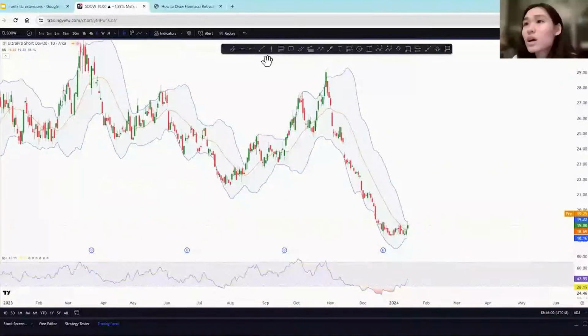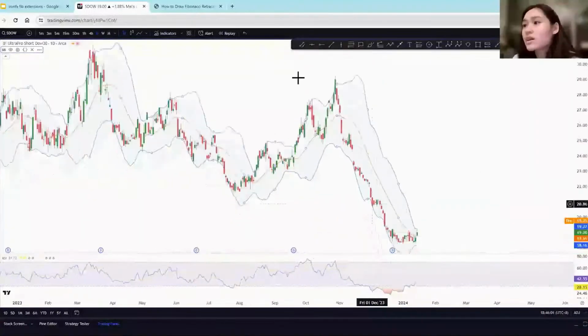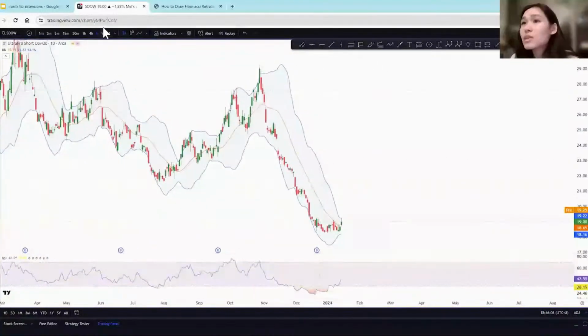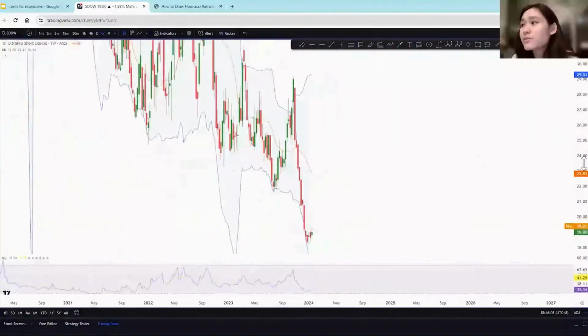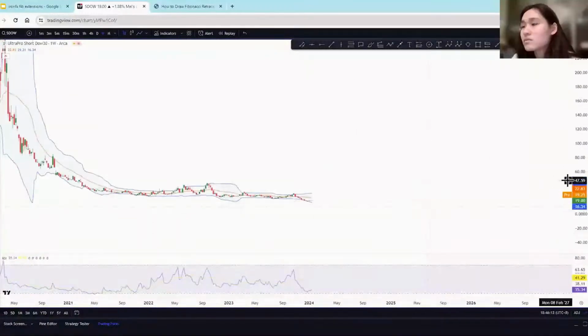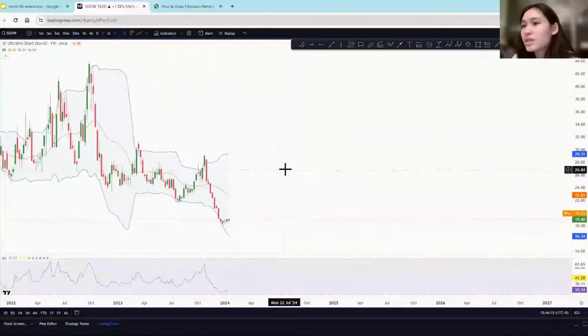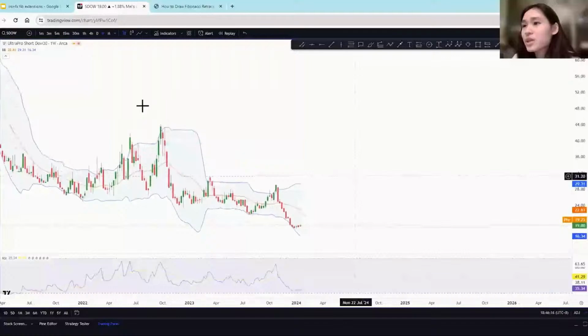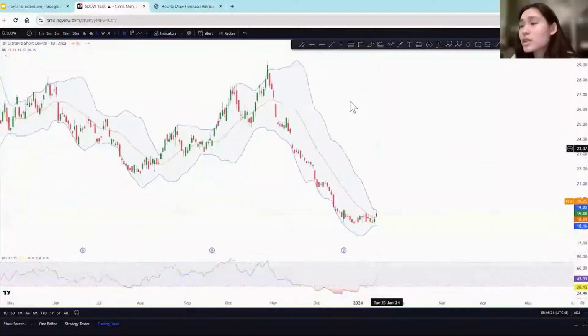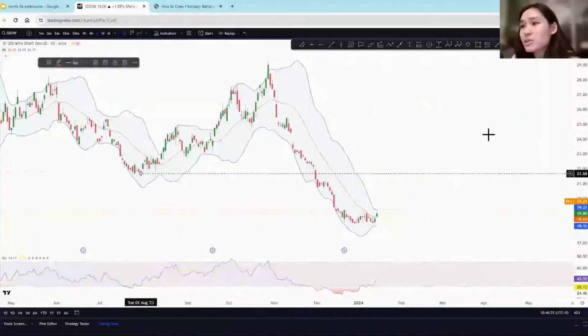Okay, we can see a general downtrend on our daily time frame. Let's look at our weekly time frame. Okay, weekly time frame is pretty bearish as well. I'm just gonna go in and add some support and resistance levels.